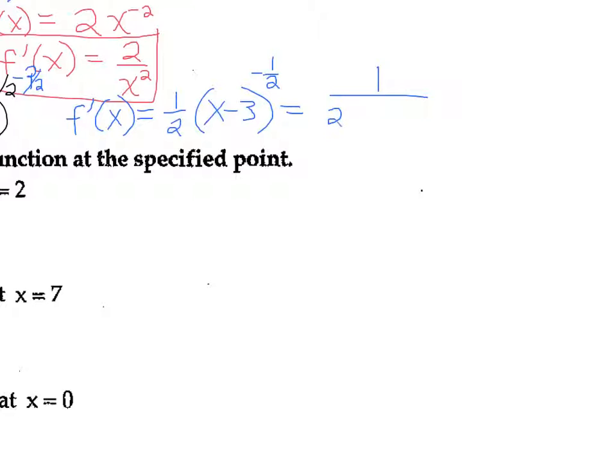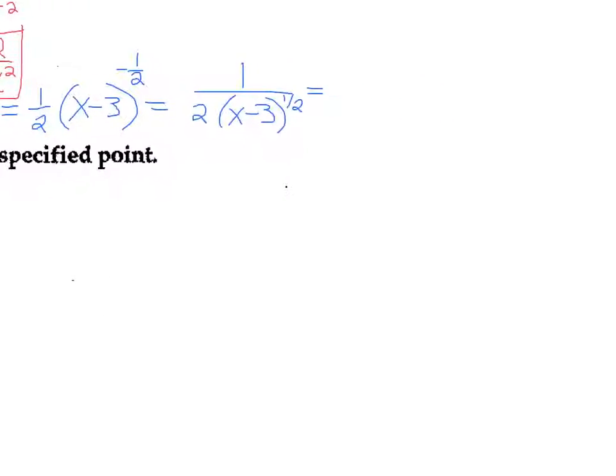See, I have the 2 in the bottom. x minus 3 to the positive 1/2. And let's make that 1/2 into the way that it was as a radical. So the final step here would be 1 over 2. When you bring this back as a radical, it becomes the square root of x minus 3. And that is the derivative of that function.